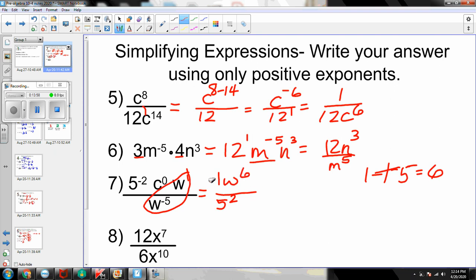Okay, well, I do not need a 1 times w to the 6. If my coefficient's 1, I don't need to write it. 6 is a positive exponent, so it stays. 5 to the 2nd, 2 is a positive exponent, so it stays where it is in the denominator because it's positive, it doesn't move. But I could take 5 times 5 and get 25. So my answer would be w to the 6 over 25.